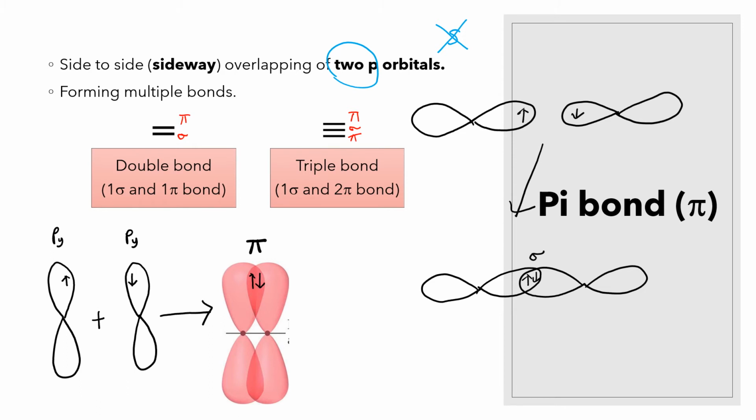Okay, so di sini kita boleh buat conclusion bahawa overlapping pada orbital px dengan px akan menghasilkan sigma bonding kerana mereka akan overlap secara head-to-head ataupun end-to-end. Tetapi apabila orientation of the orbital p, okay, pada kedudukan paksi y, so paksi y dengan paksi y bertemu ataupun overlap, maka this will form side to side overlapping dan kita akan dapatlah pi bonding, okay, di dalam Lewis structure sesuatu molekul.